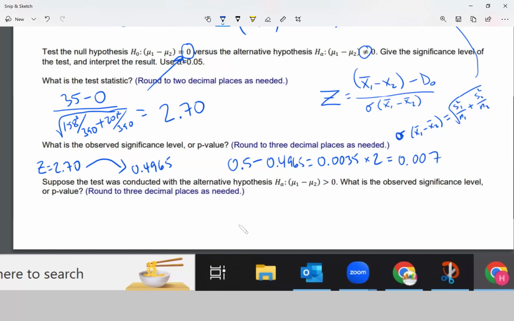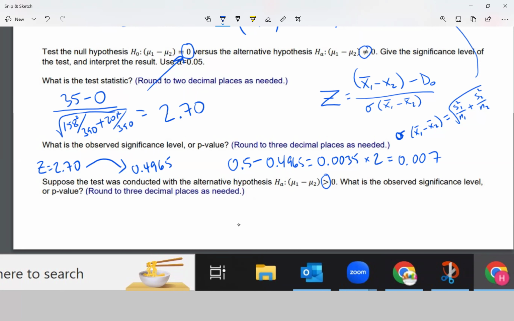Suppose the test was conducted with the alternate hypothesis that the difference is greater than 0. I'm just looking at this sign here. Suppose that it was strictly greater than 0. So that is just a single-tail p-value. What is the observed significance level or p-value?